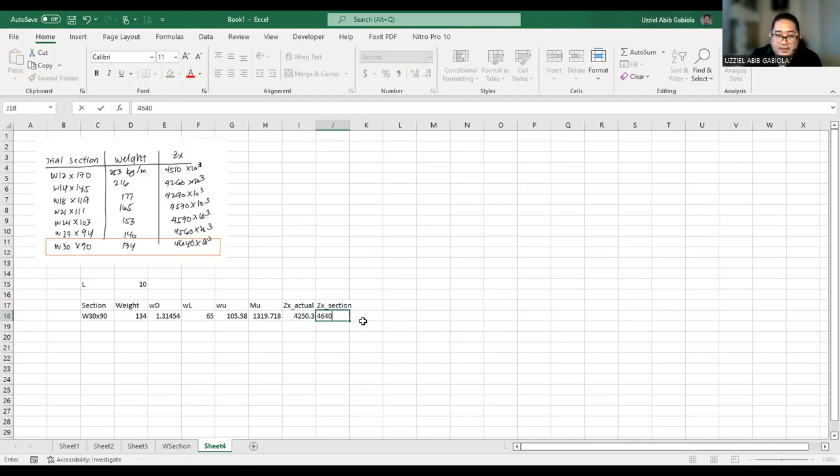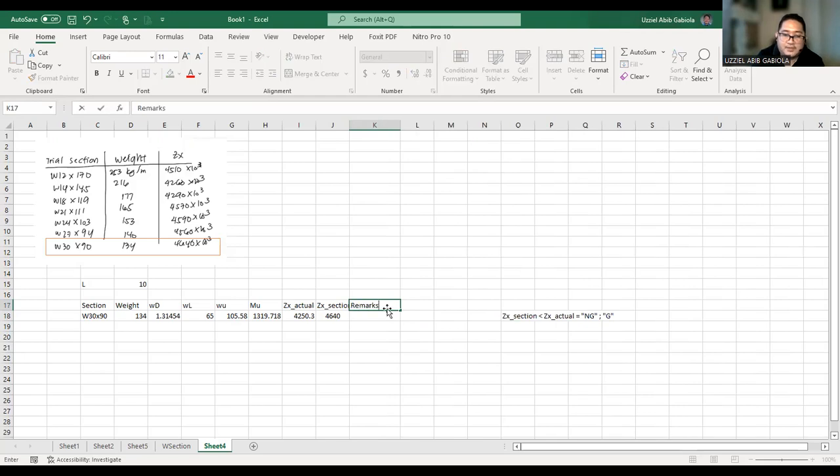Okay? Kapag yung ZX section natin ay less than doon sa ZX actual, not good yan, no? Okay? Tapos good siya kapag greater than siya. So, ibig sabihin, hindi pwede yung first trial section natin. Lagay natin dito sa remarks, yung code, remarks.